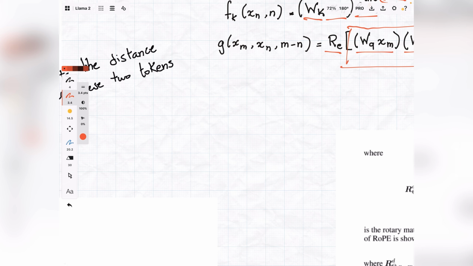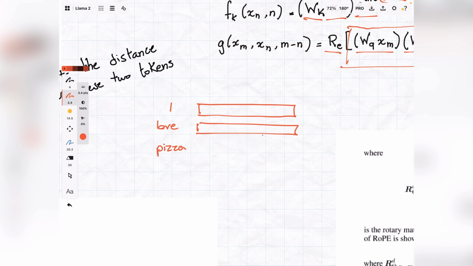Let's say I have a sentence, I love pizza. That's 3 tokens, let's say. Every one of those tokens has an embedding, and in the embedding I'm going to do all of these slices. Let me change the color here.